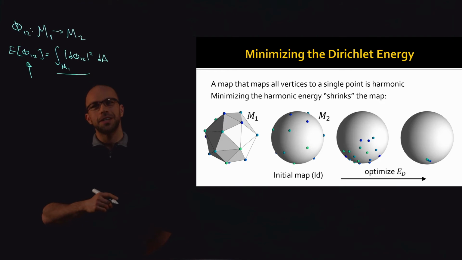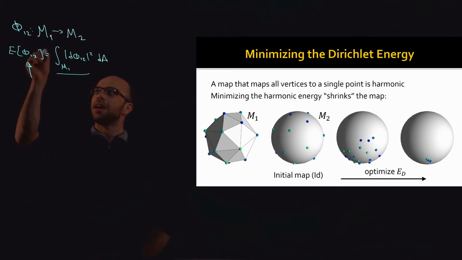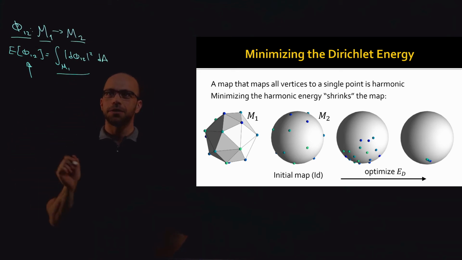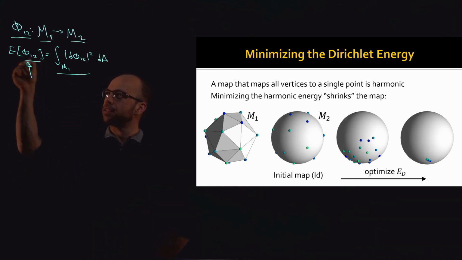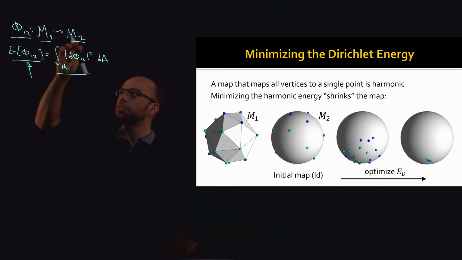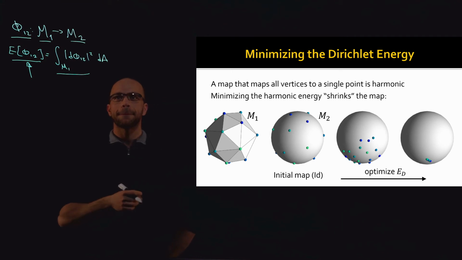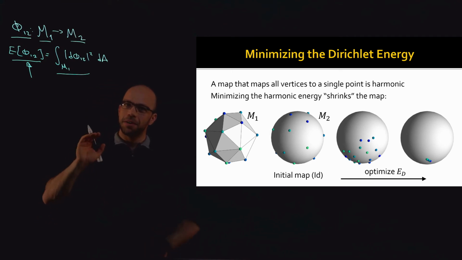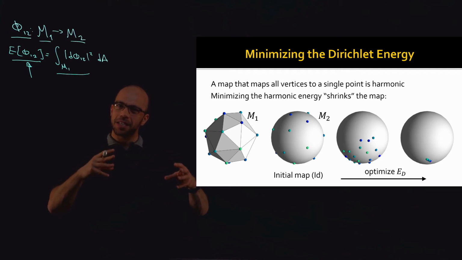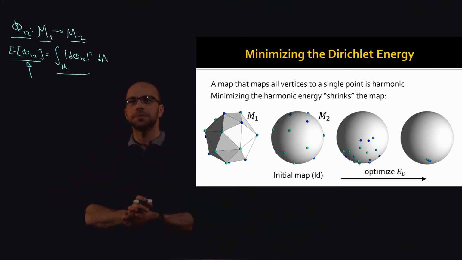The first question that you might ask is, given M1 and M2, and given an initial map phi 1,2, what happens if I basically do gradient descent on this objective function? So I try to reduce the distortion of some initial map. I take my original domain, I wrap it over the other domain, but then I let it relax by reducing this Dirichlet energy.